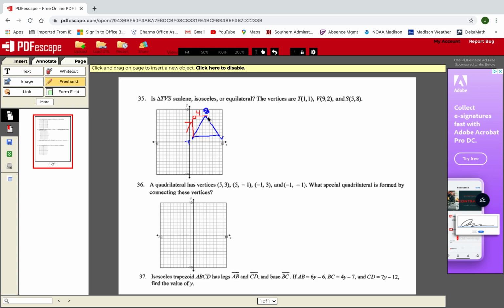All right, and for SV, we need to make a slope triangle from S to V. For the slope triangle, the length of the rise, 1, 2, 3, 4, 5, 6 units. Now, if we're talking about slope, that of course would be -6 since it's going down. But we're just talking about the lengths of the legs of a slope triangle. And then the run is 1, 2, 3, 4. Okay, and if we make a slope triangle for TV, you can see the rise is only 1. And the run is, I believe, 8.